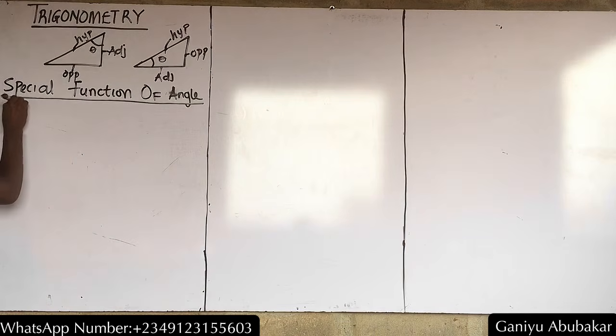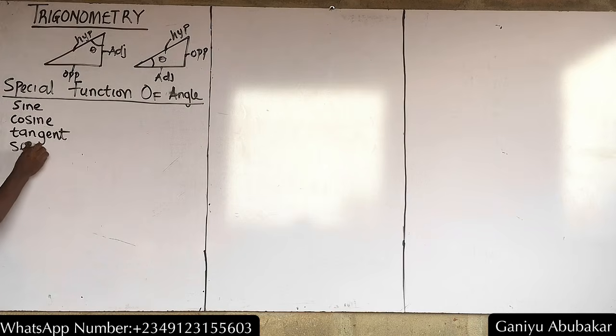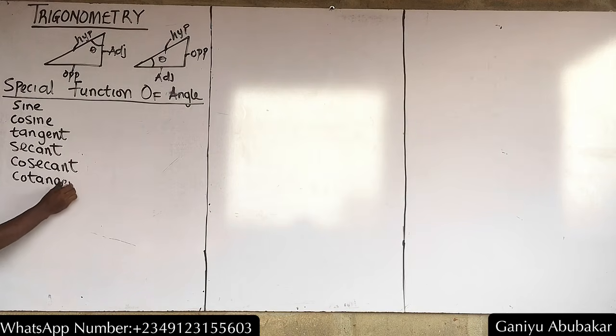The first one is called sine. The second one is called cosine, then tangent, secant, cosecant, and finally cotangent.